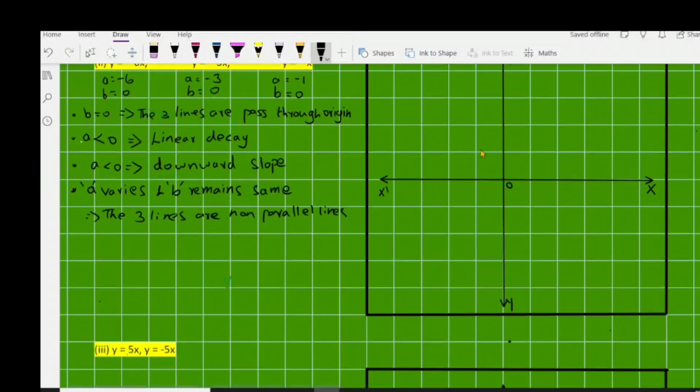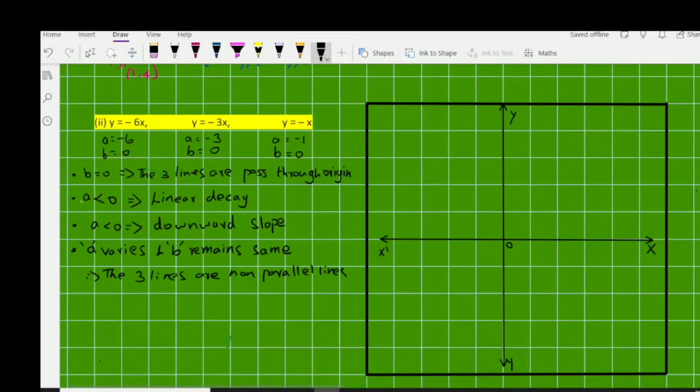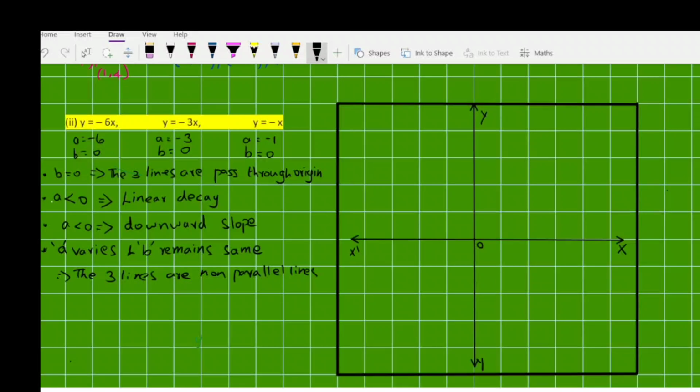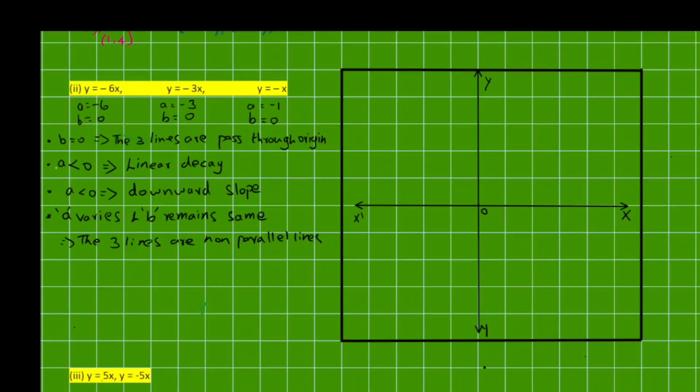Okay, so take your graph sheet and get ready. Take the first line, y is equal to minus 6x, and find the values. When x is minus 1, minus into minus will become plus, so y is 6. When x is 0, we get 0.